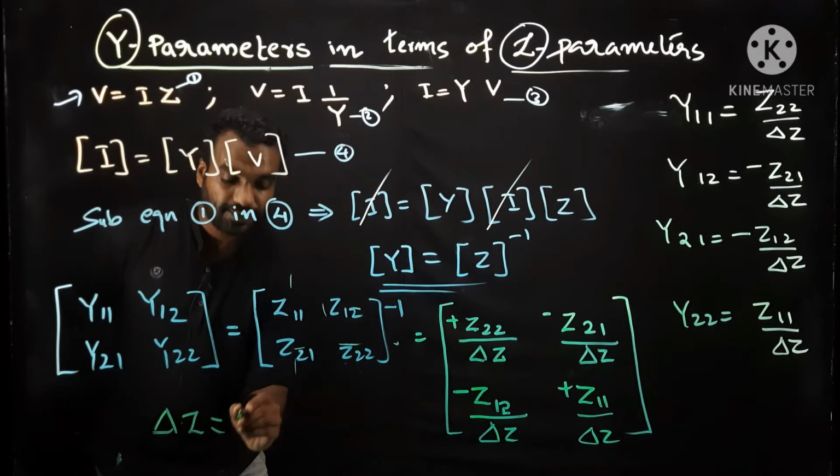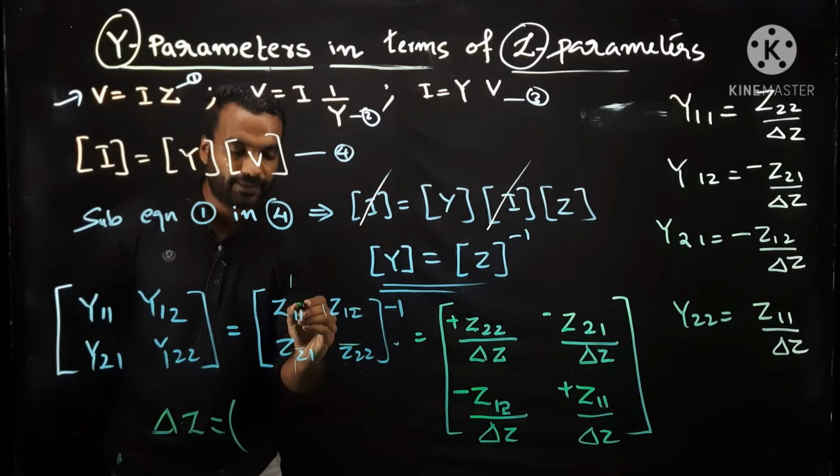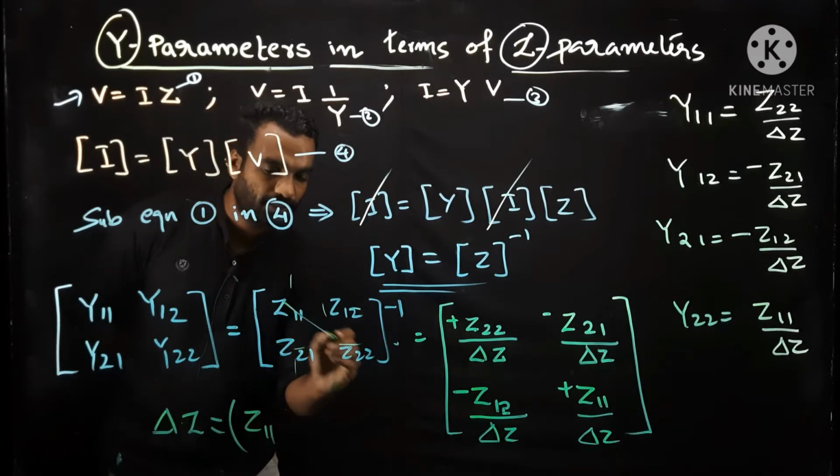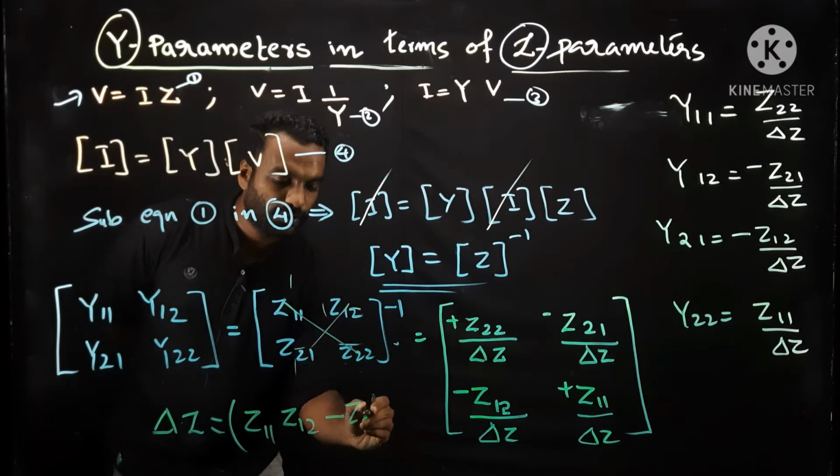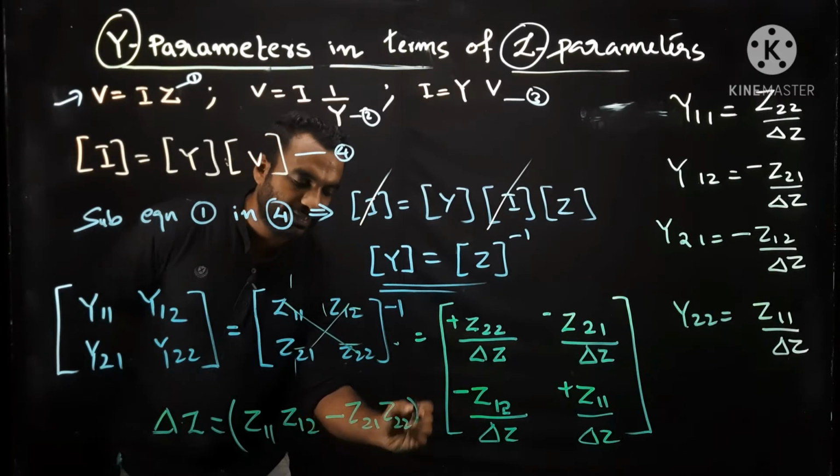What is delta Z? Determinant. Z11 Z22 minus Z12 Z21. This is delta Z.